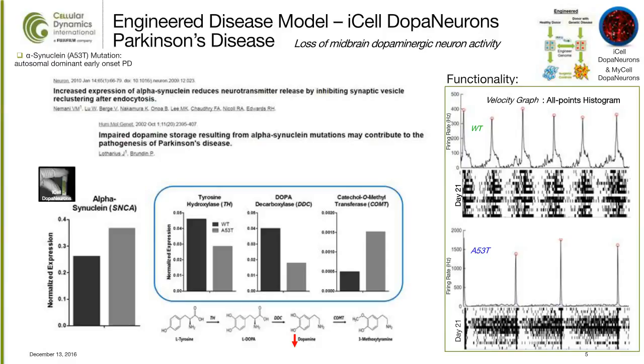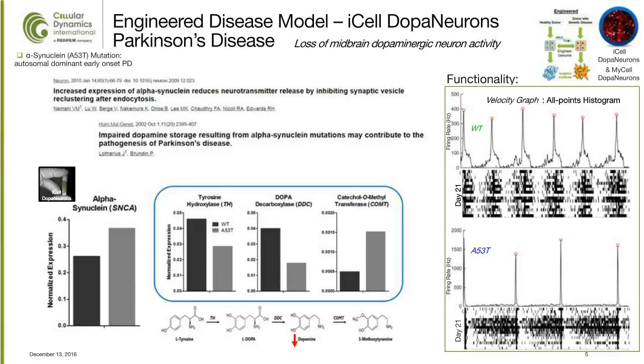And furthermore, the catabolism COMT gene expression level is actually higher than normal, suggesting that dopamine is getting degraded quicker as well. Both of these push to the idea that there's less dopamine being organized within these DopaNeurons, which is matching that which the research field sees.